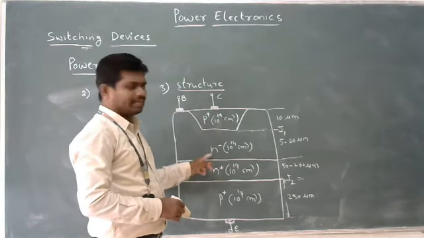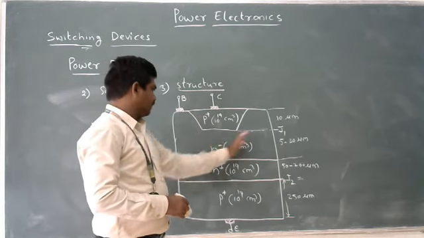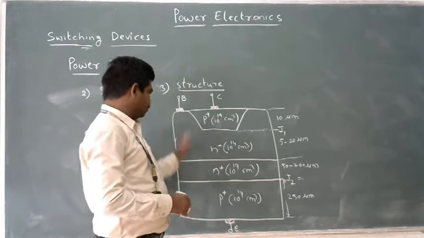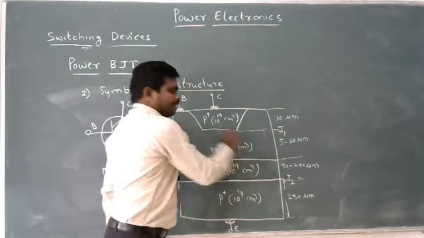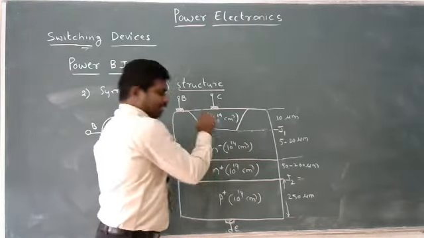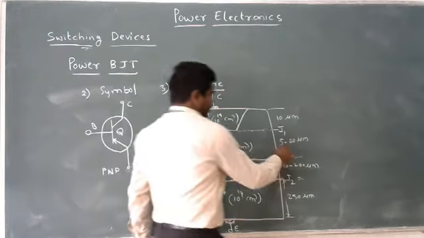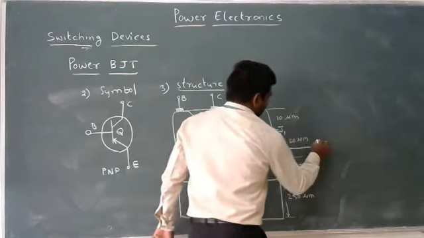Internally, in the middle, we see N minus. This entire portion indicates the n-type material, and it is lightly doped. You can say this one is the drift layer.